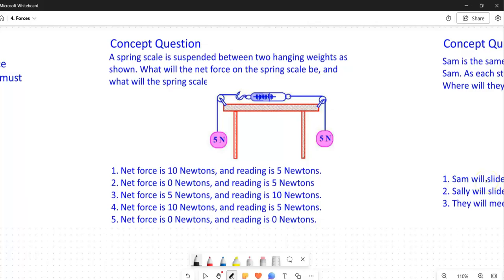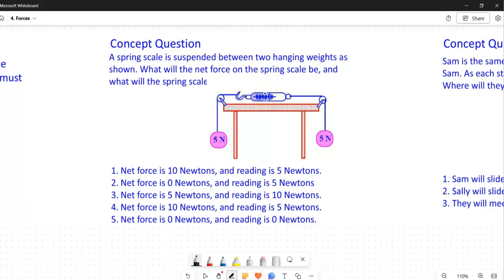Anyways, suppose you had a spring scale, and it wasn't tied to anything. It wasn't being held by the table, and you've tied a weight of 5 newtons on one side of that scale, and you tied a weight on the other side of the spring scale. When you pull either side of a spring scale, it's going to read a force at the center.